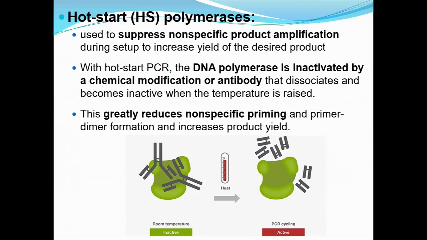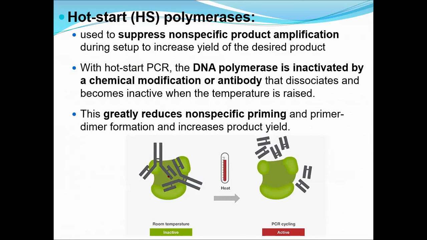So what people have done with hot start polymerases is that the polymerase enzyme itself is inactivated either by chemical modification or with the help of an antibody, which makes the polymerase inactive at room temperature, and it gets activated only when the temperature is raised.